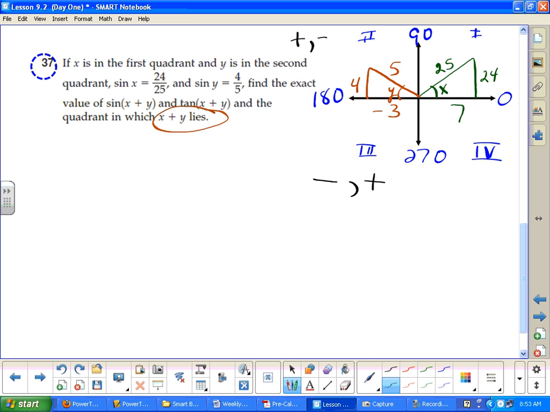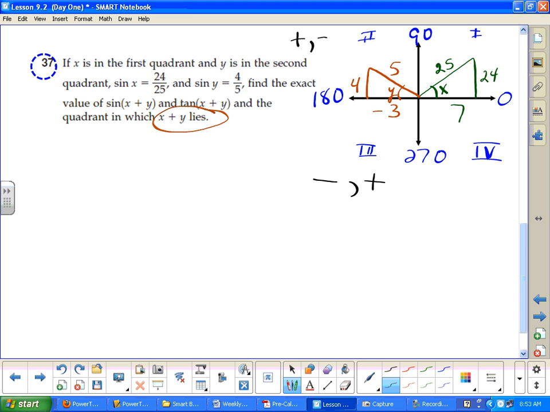So could I get something in the fourth quadrant then? Well, if I had 179 and 89, would those get me to the fourth quadrant? Those are the two biggest angles I could have. No, because if I add them together, I get 268. So my answer is either going to be in the second quadrant or the third quadrant when I want to know where that sum lies.